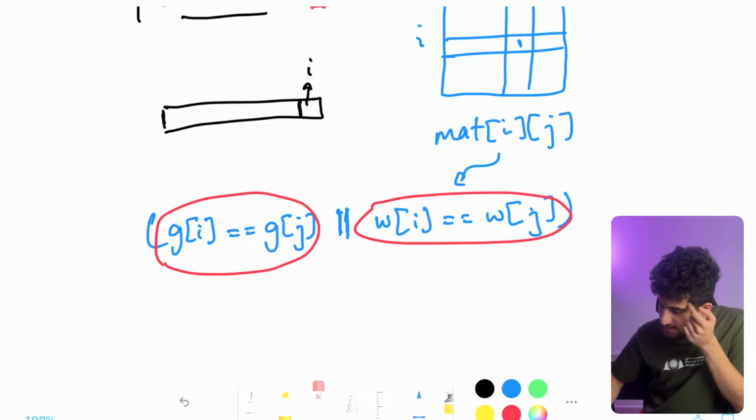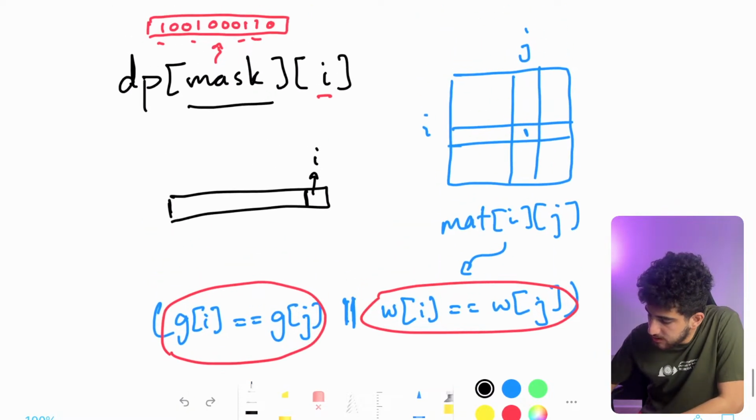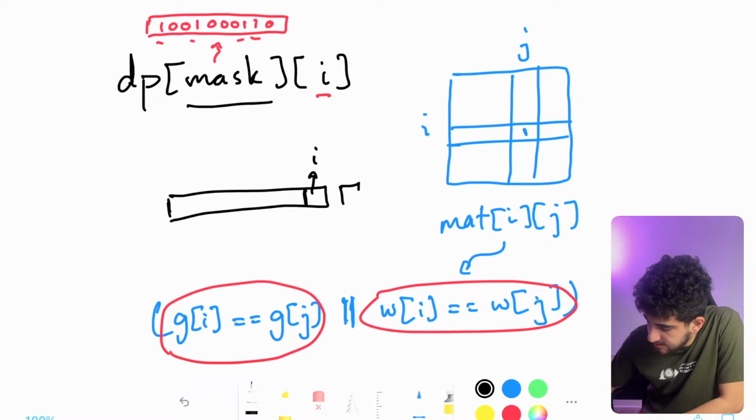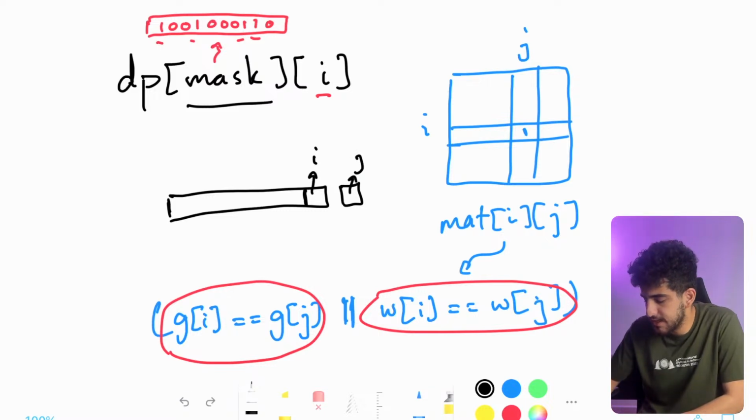So this is my matrix of I and J. It says that I and J can be next to each other or not, which is equal to this. And then I have a for on all the possible J's that can be added here. If J was okay with I, I will add it to the end of this playlist that I have.